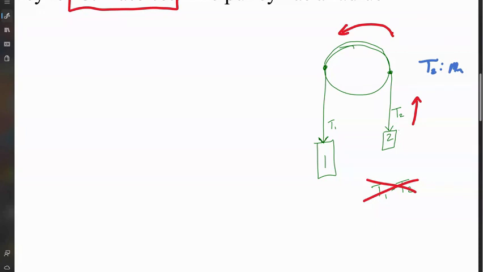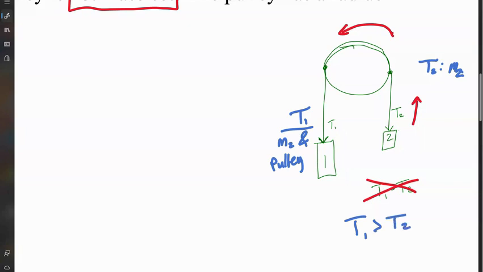However, even though tension 2 is only responsible for holding on to and pulling up mass 2, tension 1 over here is responsible for not just mass 2, but also the pulley. And since the pulley has mass, tension 1 is going to have to be bigger than tension 2 now.